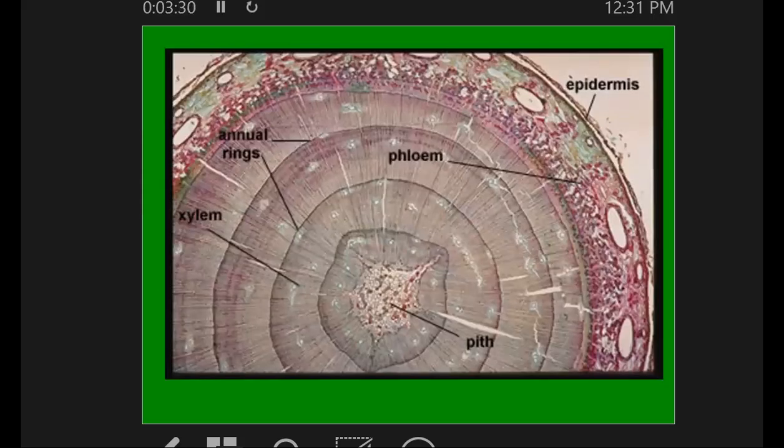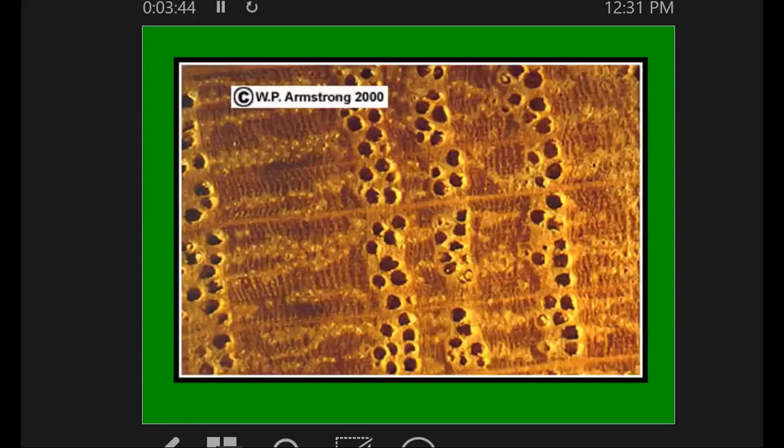So here, this is nicely labeled in terms of the xylem and phloem. They're referring to this as epidermis, so this is very young. This isn't a tree that has bark yet. Here's a really nice distinction between vessels and tracheids. So spring, a lot of vessels, and then summer, a lot of tracheids.